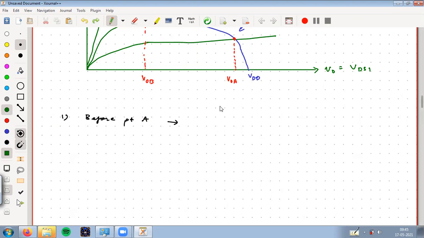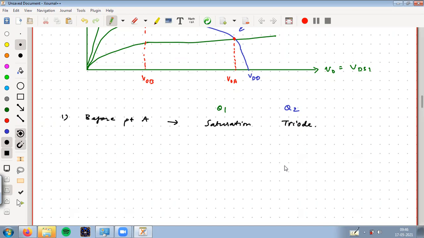Before point A, Q1 is in saturation region, whereas Q2 is in triode region.